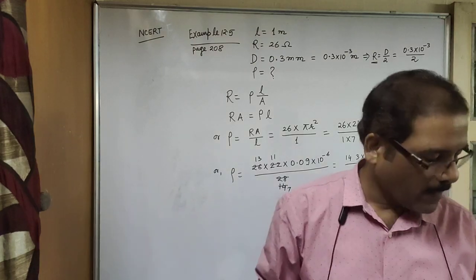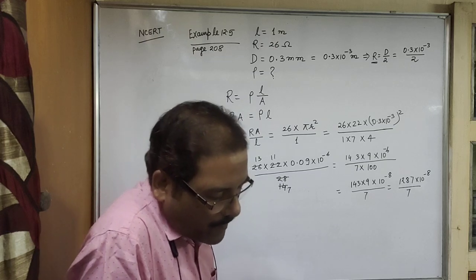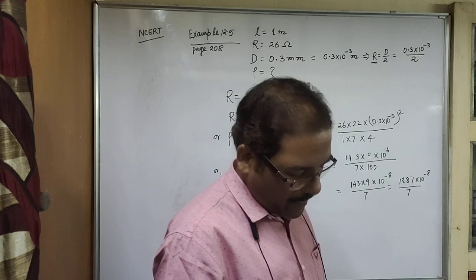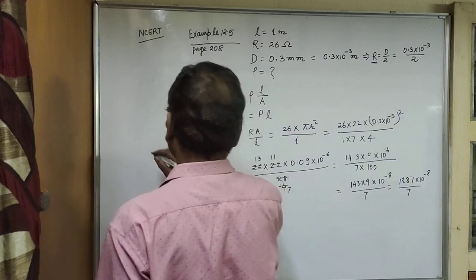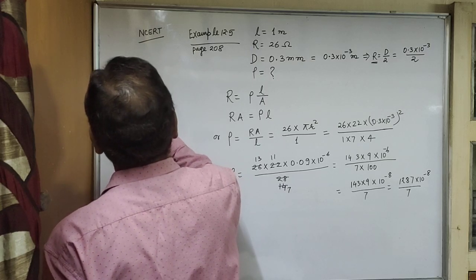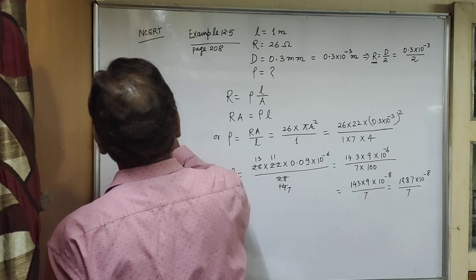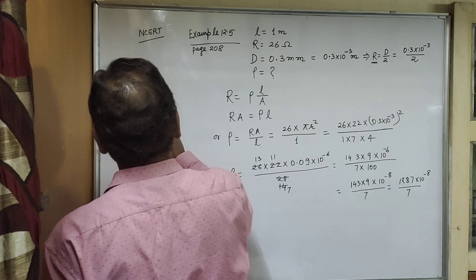So if we multiply with 7, how much will it be? 1287. So 7 minus 7, 8.